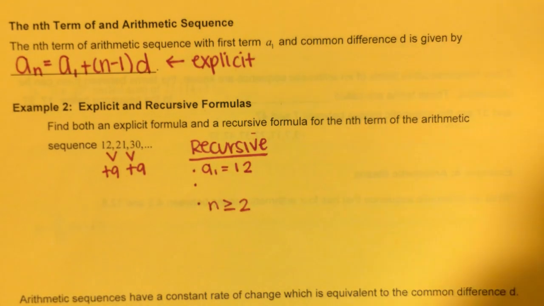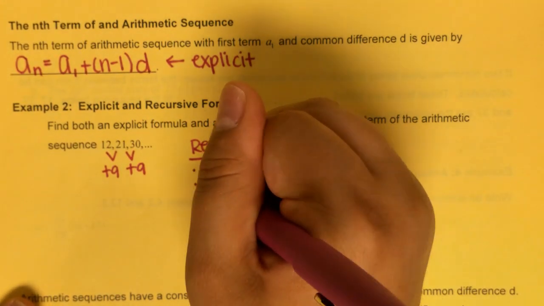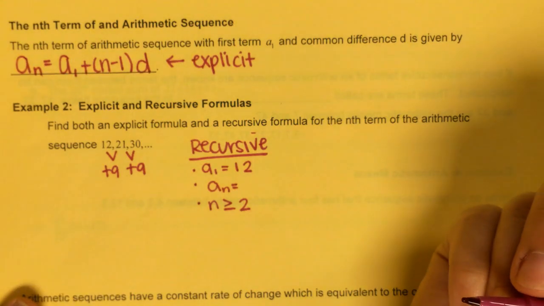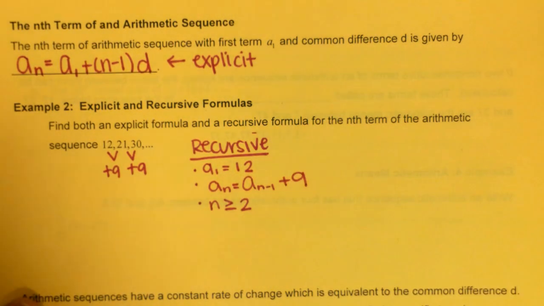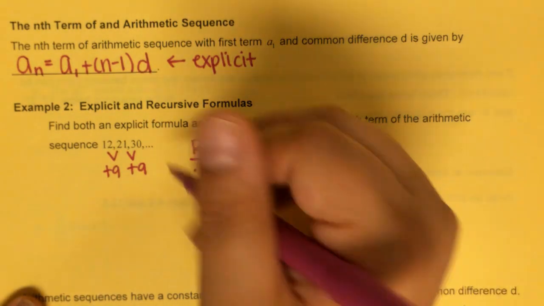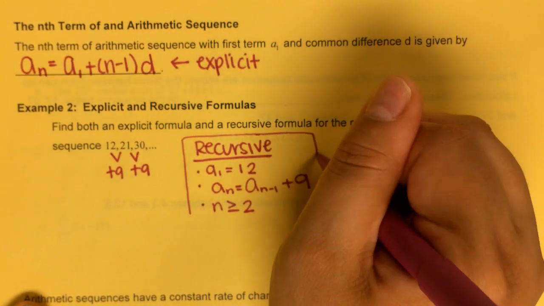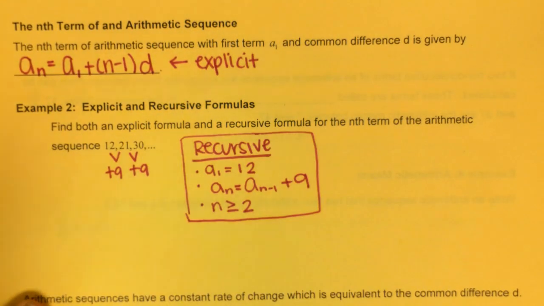N is greater than or equal to 2. And again, 99% of the time that's going to be your domain. And then I need an equation. What's going to be my equation? It is your previous term, and we're adding 9. This whole thing right here is your recursive formula.